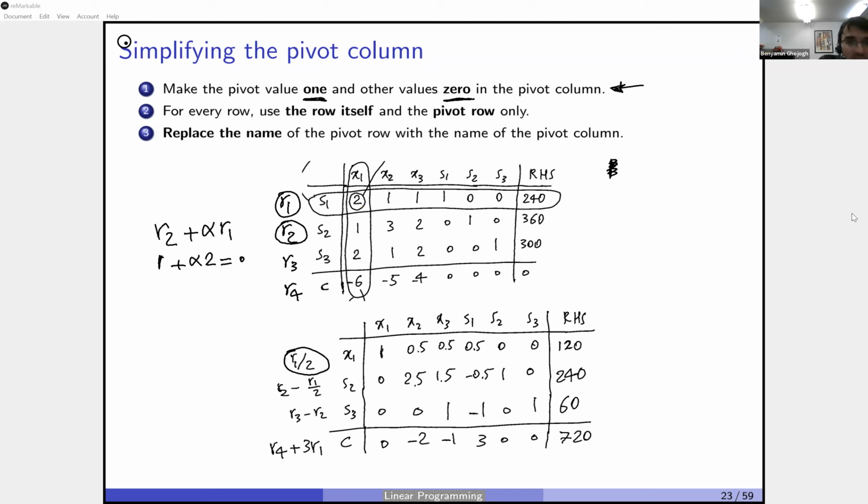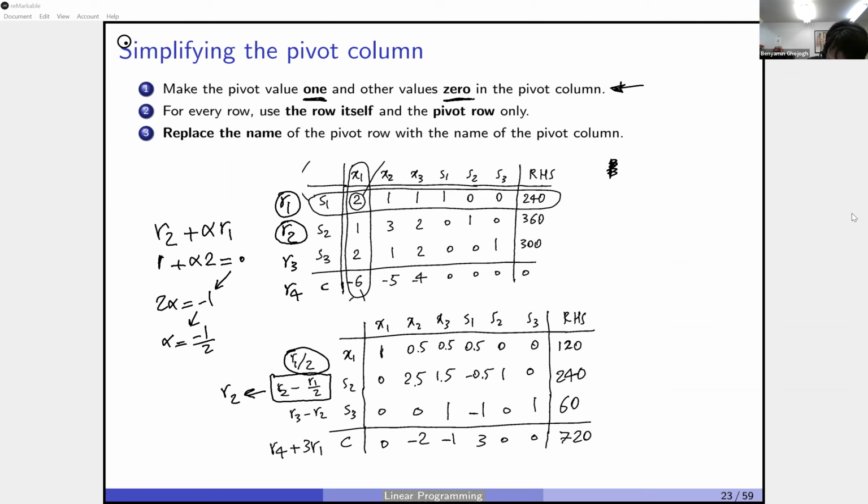I want it to become 0. This alpha might be positive, negative, or 0. So 2 alpha equals minus 1, so alpha equals negative half. Therefore, you will have R2 plus minus 1 over 2 R1, and put it in R2 again. So calculate this and replace this line with this.